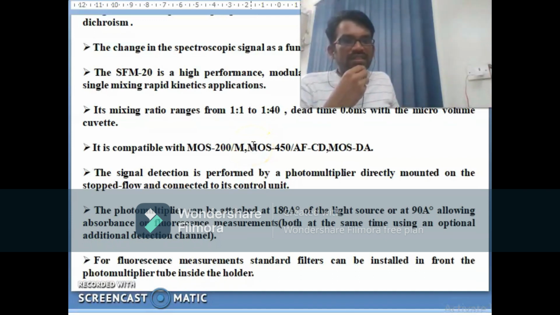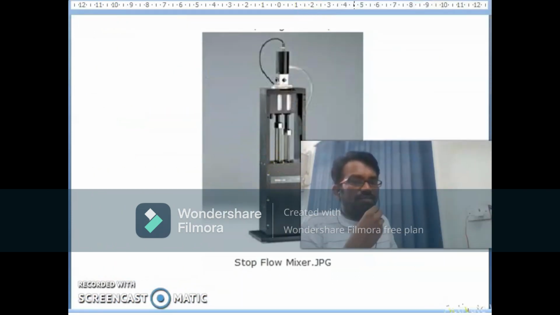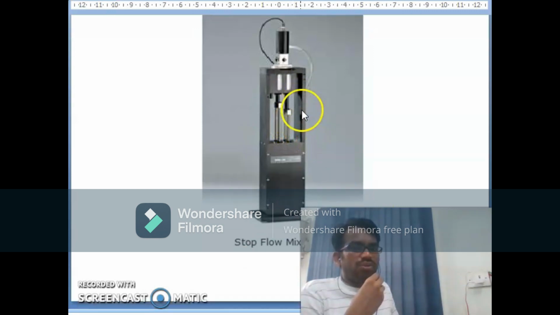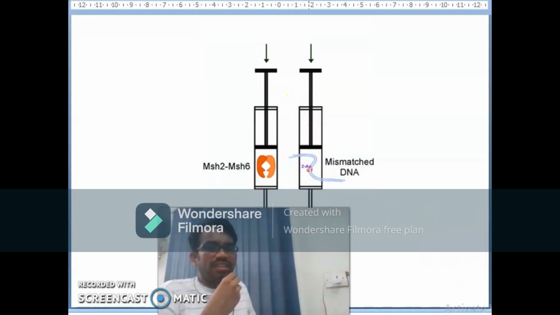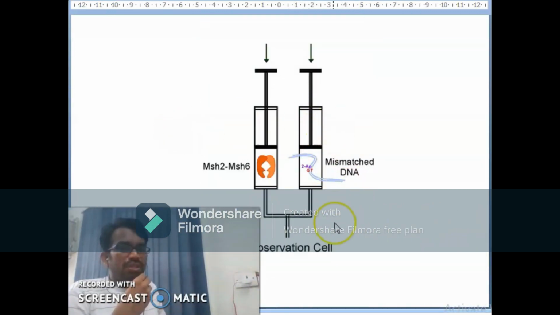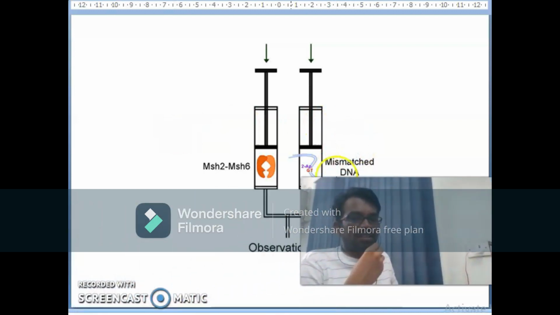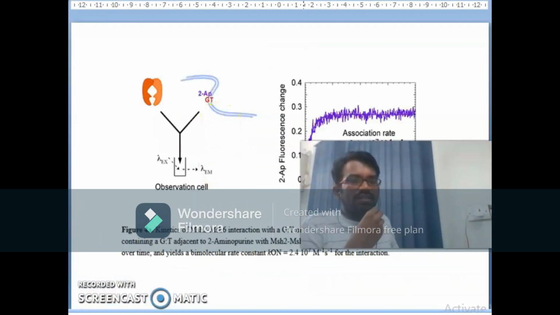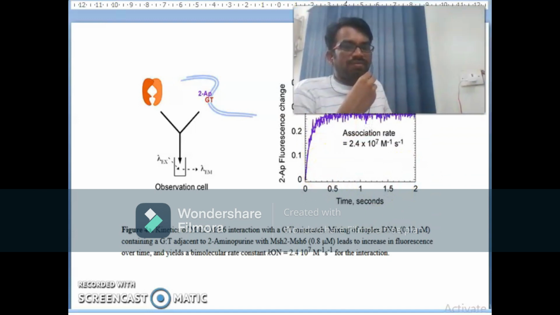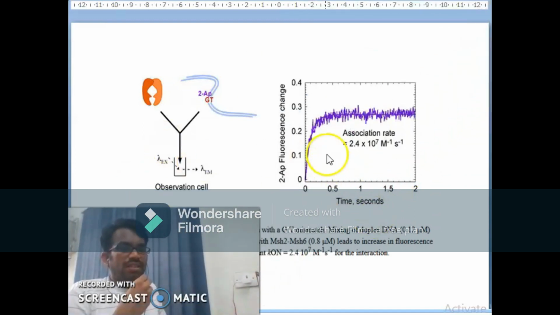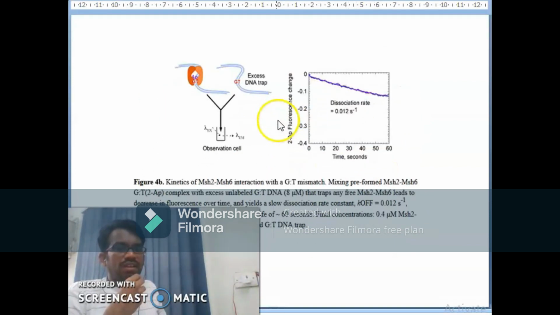Next, I will show some models. This is the exact structure of how the A and B solutions and the observation cell are arranged. You can see the association graph, time versus fluorescence change, and the dissociation graph, time versus fluorescence.